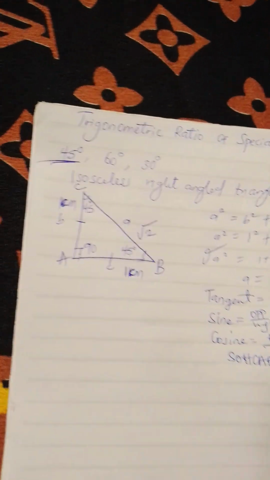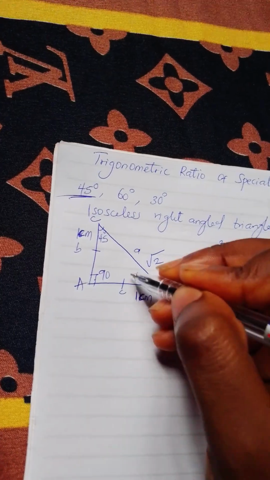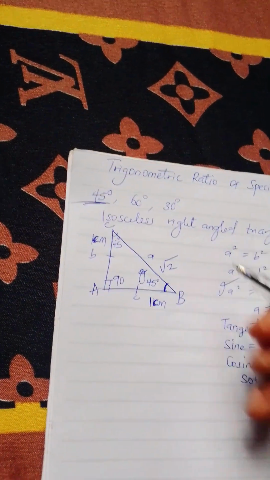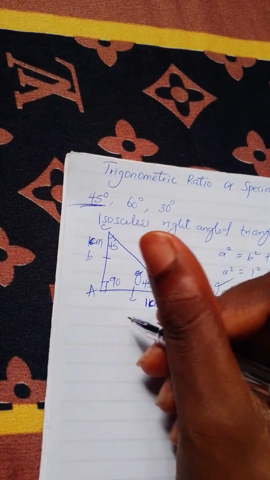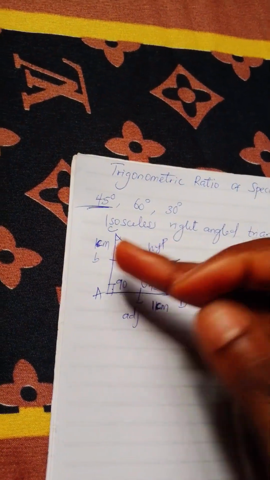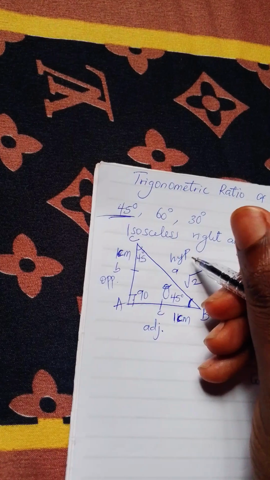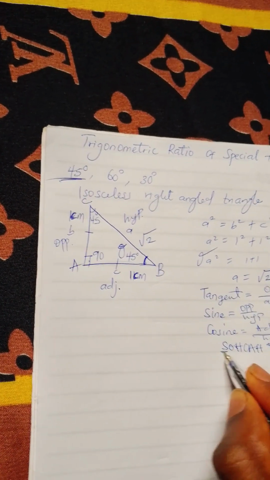So now let's assume that in this right angle triangle this is the angle that I want to make use of. Let me call it my angle theta. So now if this is my angle theta, this part is going to be my hypotenuse, this down part is going to be my adjacent, and this side is going to be my opposite. So now I'm going to start with sine.